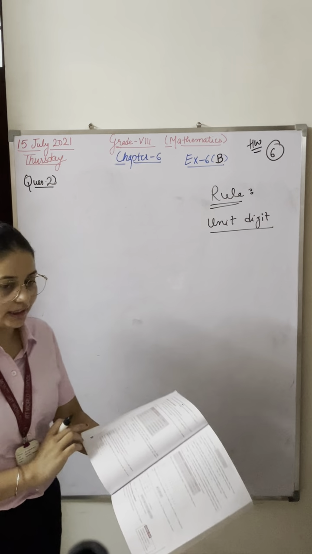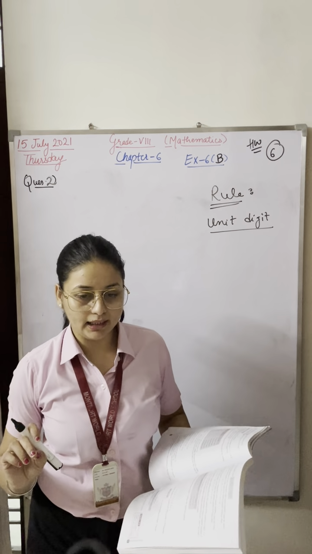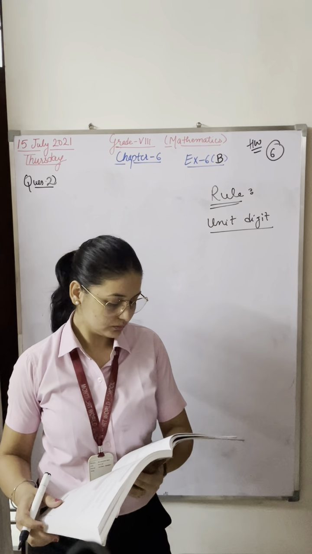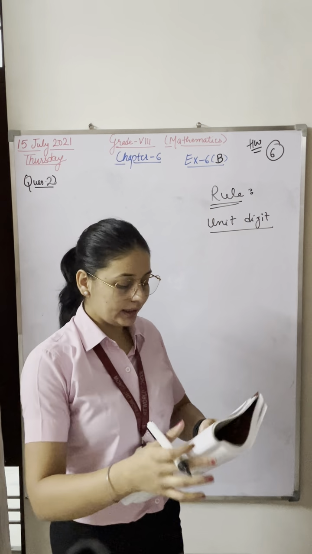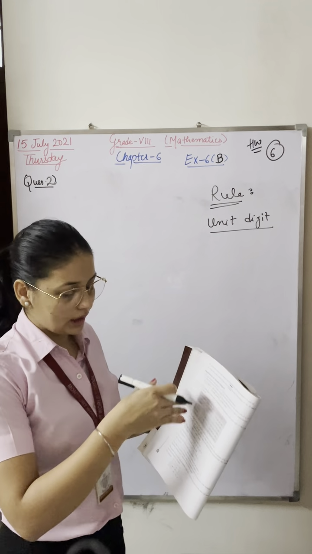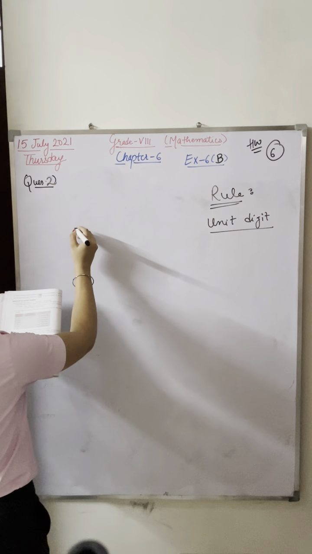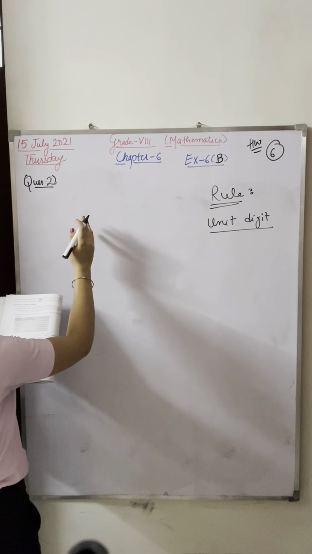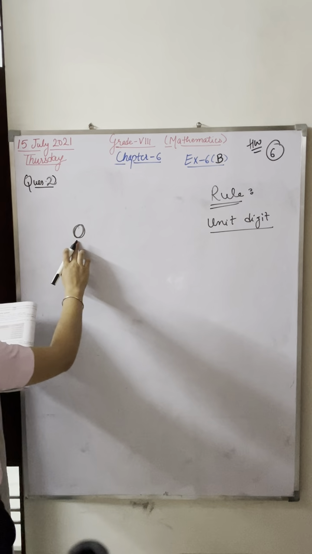Please open page 94 in your book quickly. Read out the first two columns. The first column is: if the unit digit of the number is 0, if the last digit is 0, the unit digit of the square will be 0.